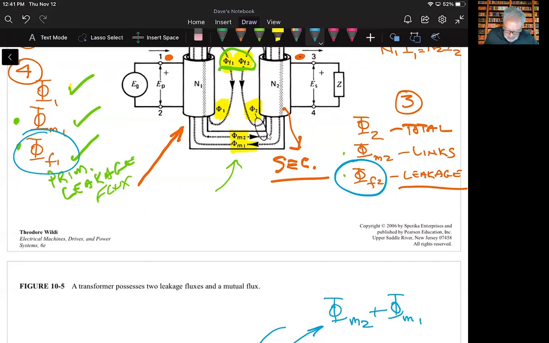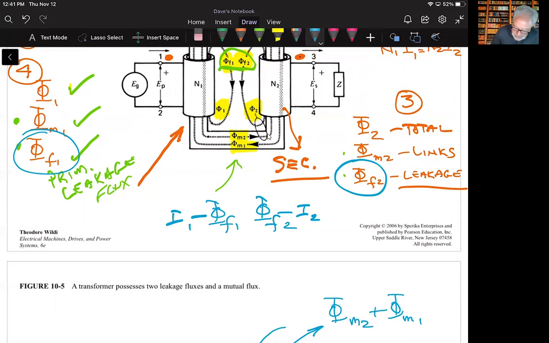Consequently, leakage flux, this guy, F1, and this guy, F2, is in phase with I1. I mean, this is in phase with I2, and this is in phase with I1.